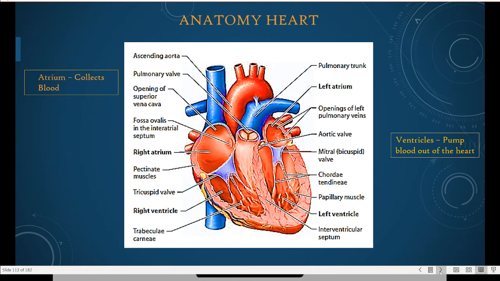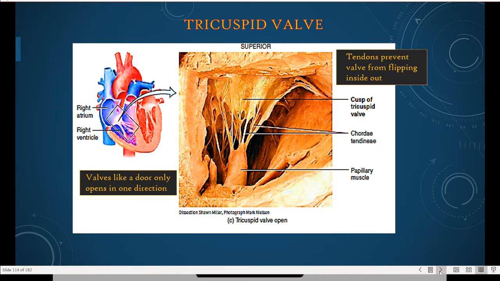Already kind of talked about the four chambers. We've already kind of covered pretty much the anatomy. We have the tricuspid valve located in between the right atrium and ventricle. Remember these valves, what they do, they just prevent blood from backing up. Okay, it prevents blood from backing up.